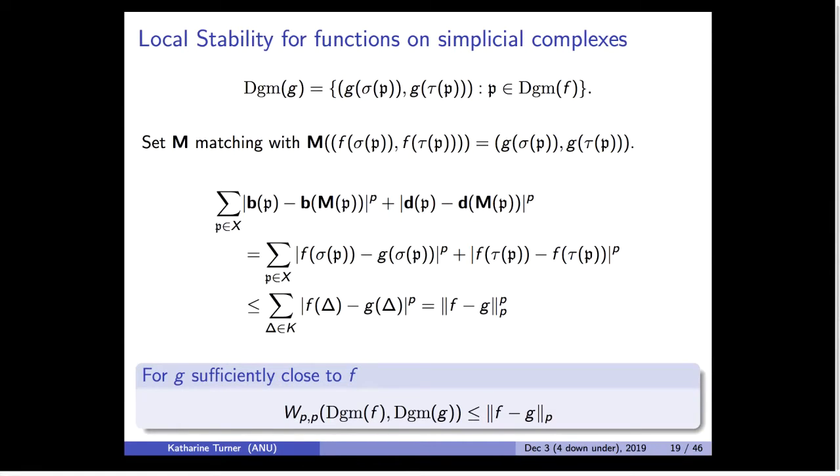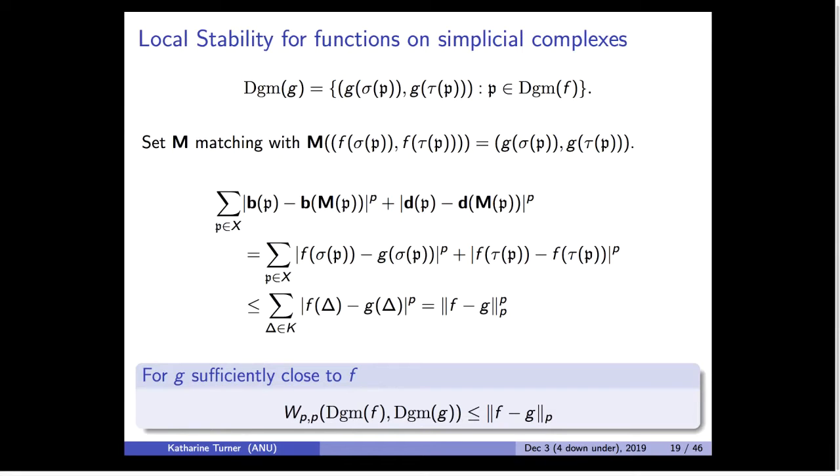And so this indicates a really obvious matching, all right? I match the points in G by just taking the ones over the same pairs of cells, okay?